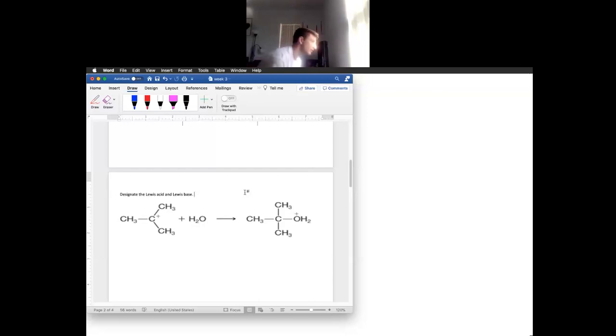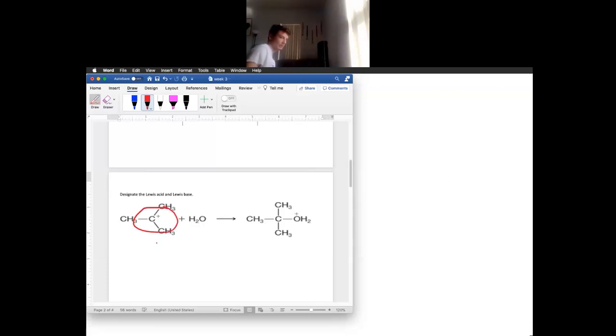Does anybody else agree? So yeah, the carbon on the left side of the reaction here is our acid.